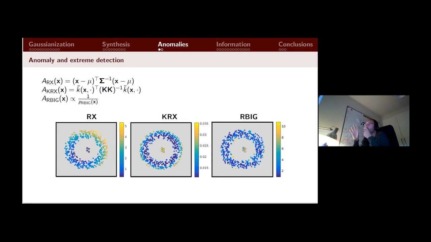We hypothesize this is related to the critical issue of tuning parameters in kernel methods, in particular in this kernel RX. And on the right-hand side, you can see the solution of RBIG, and the direct application of RBIG easily identifies the anomalous points, since they are far from the more dense and also more probable region. And it's doing quite a good job in this example.